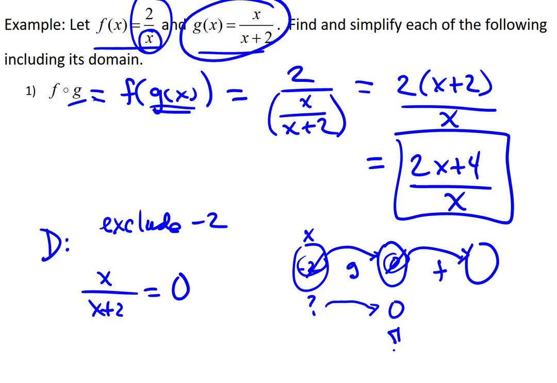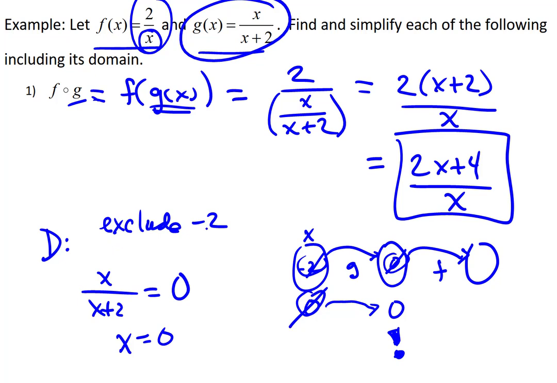We know 0 is the problem that f won't pick up. So we're curious as to which value would g drop off as 0. So we're setting the g function equal to 0 and solving. That would mean x over x plus 2 does equal 0 when x is 0, but that's the only time. In other words, when x is 0, g of x would be 0, but then f of x would not pick that up.